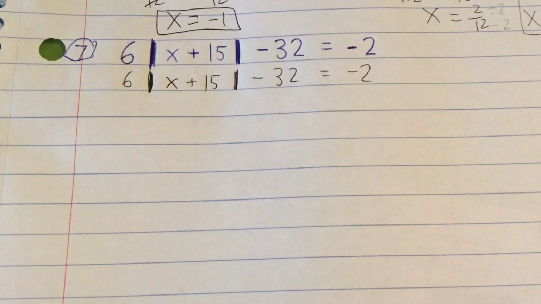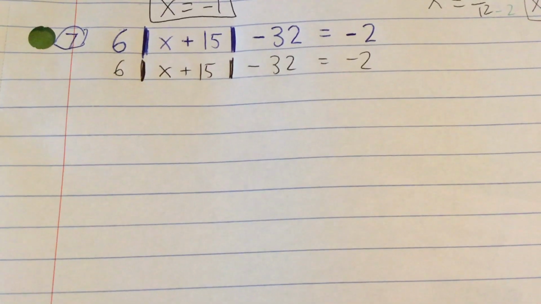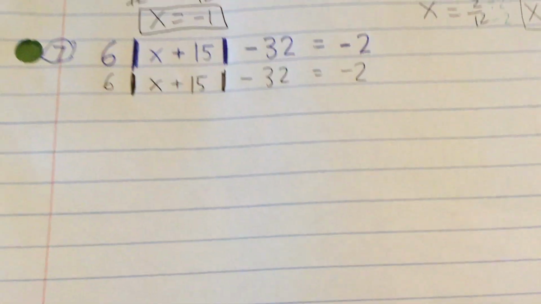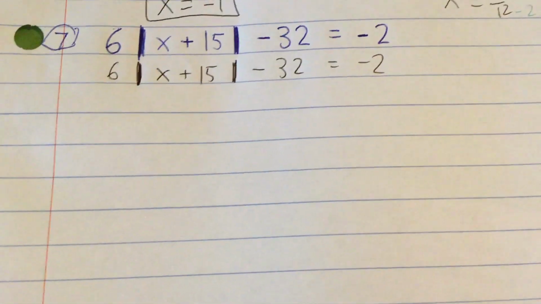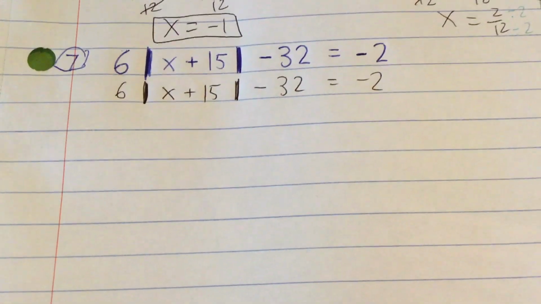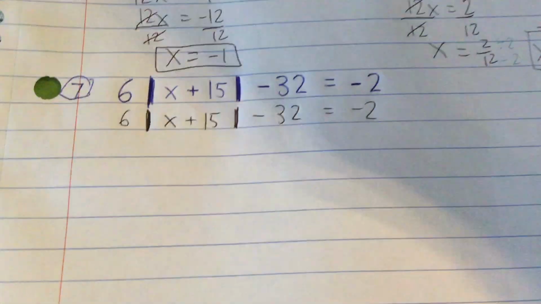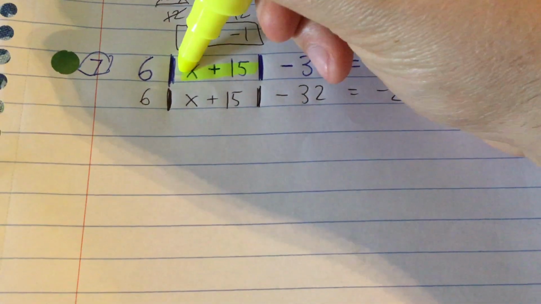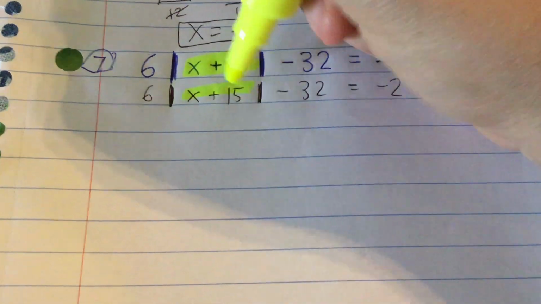Number 7. 6 times the absolute value of x plus 15, minus 32, is equal to -2. Can I automatically say no solution for this problem? No, the bars aren't isolated. So before I solve for x, I've got to solve for the bars.